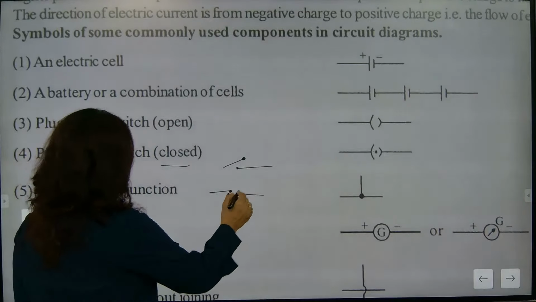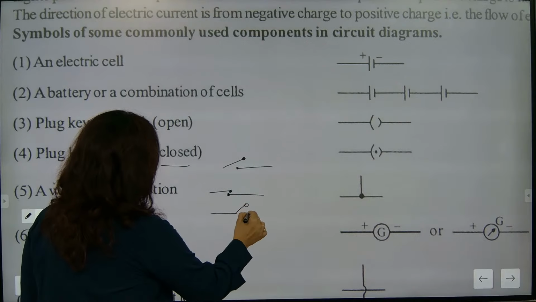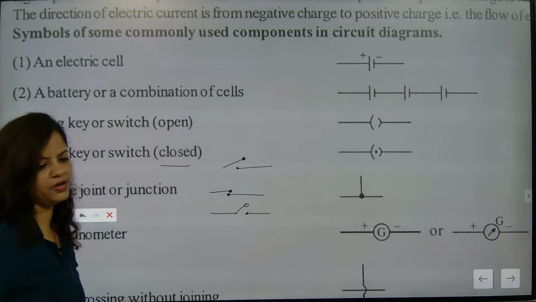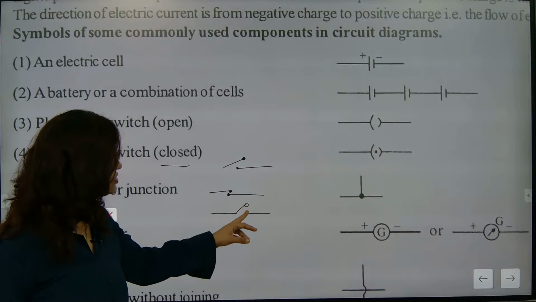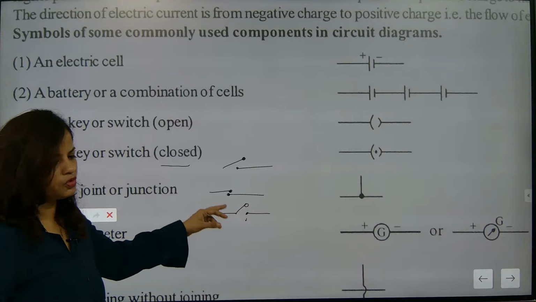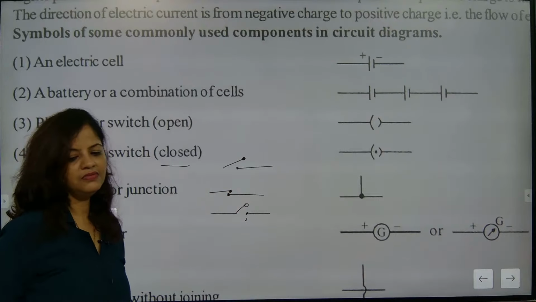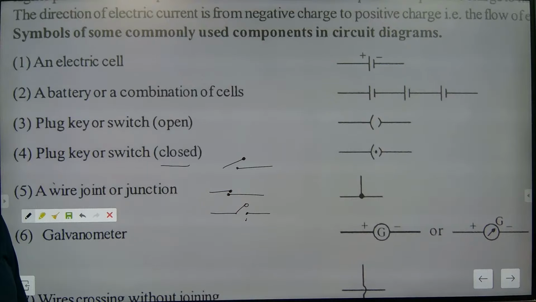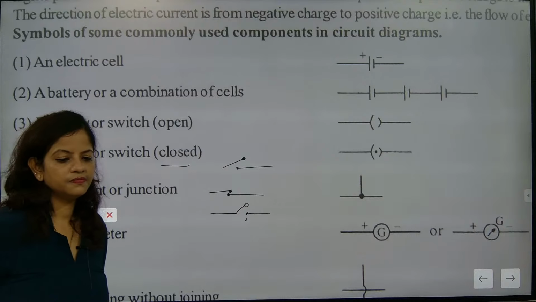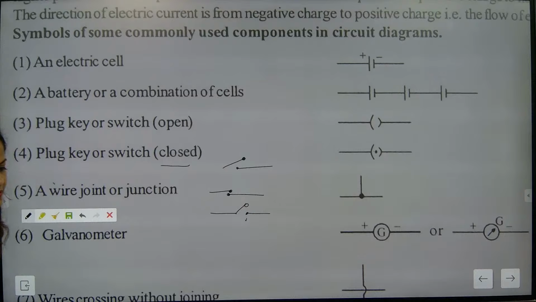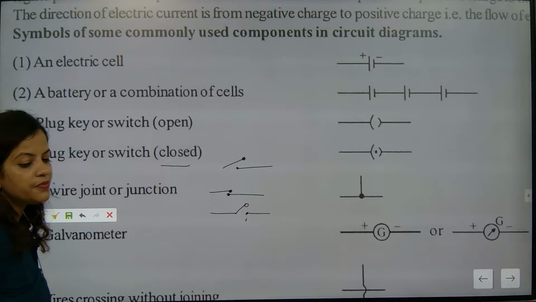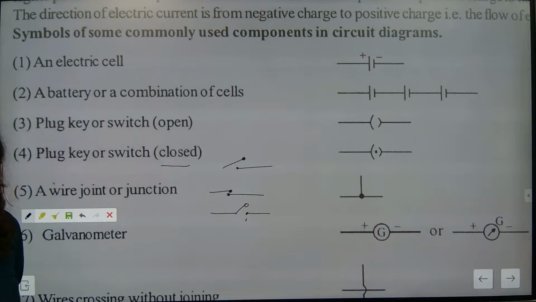But if it is like this, it is open. Open means the distance is more, closed means the distance is less, they are one on the other.